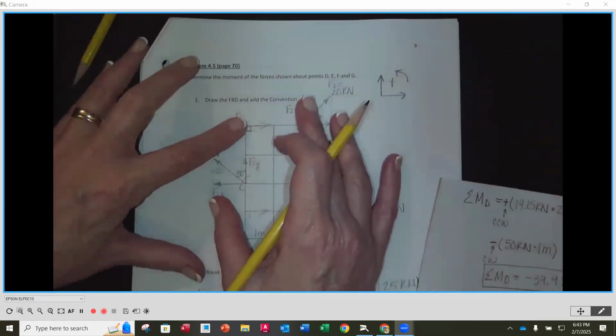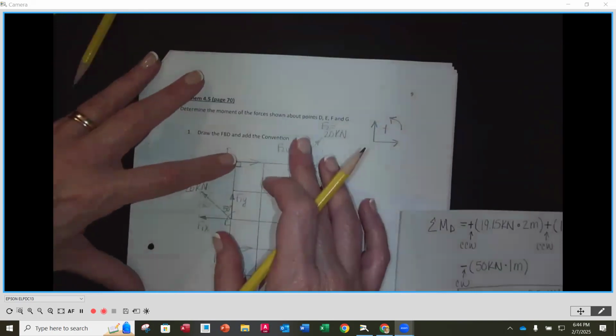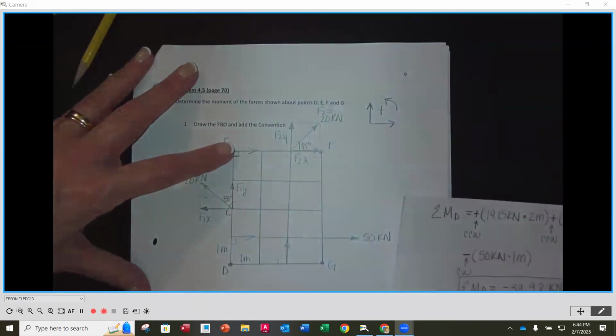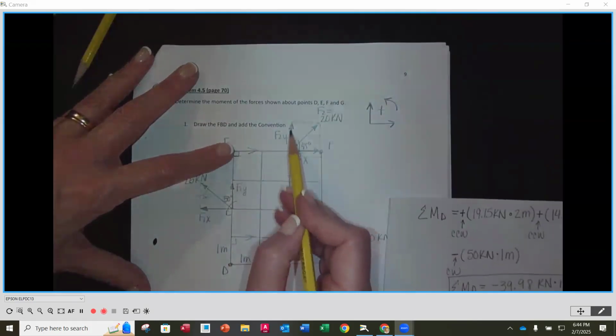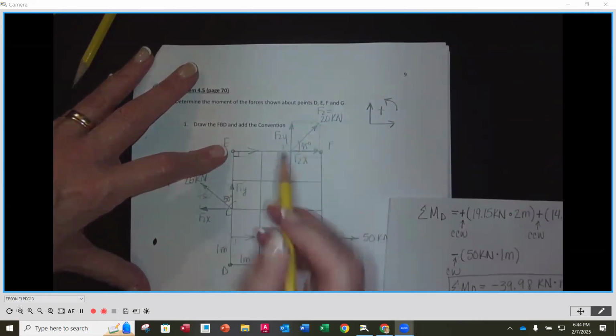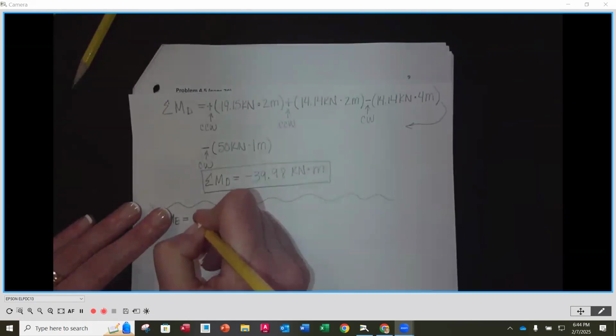So the first one I have is going to be F2Y. F2Y is going to rotate in a counterclockwise direction, so the moment is going to be positive. And then F2Y times its perpendicular distance, 1, 2. So I'm going to have a positive out front.